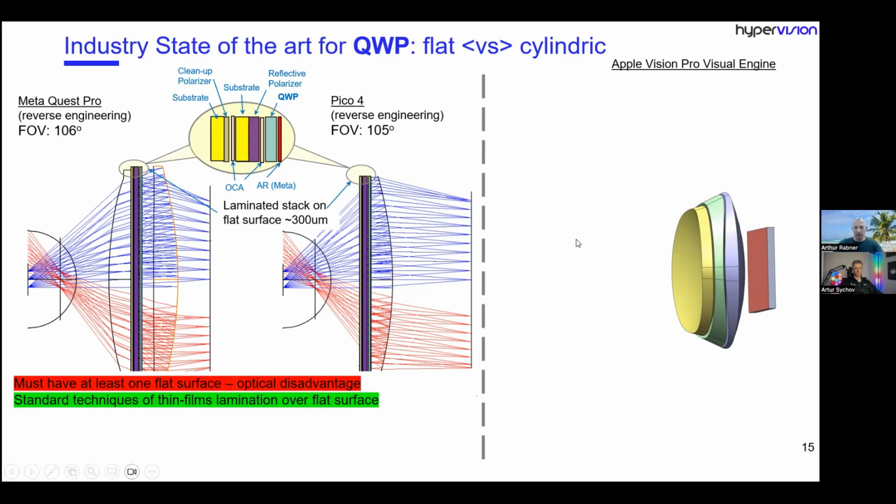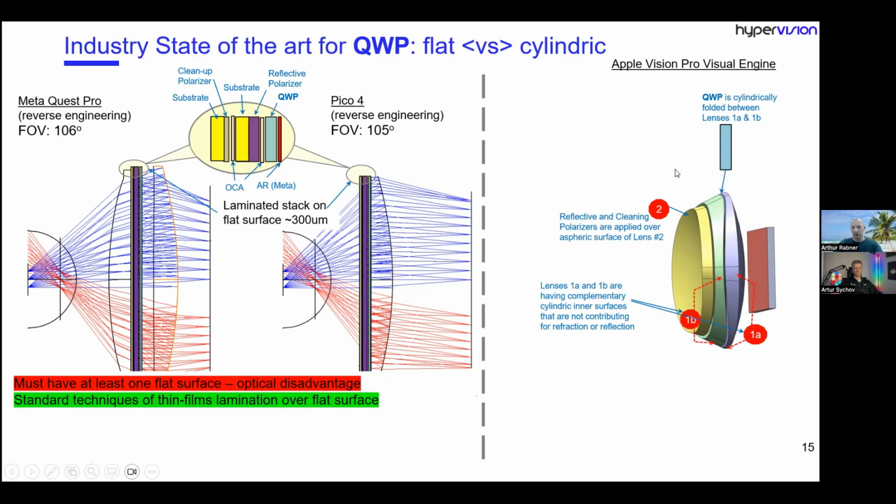In opposite to that, Apple did a big leap. As I explained before, there is a quarter wave plate embedded between 2 cylindrical surfaces, and the reflective and cleanup polarizer, maybe cleanup, I don't know, but we think that there is a cleanup polarizer, is on the aspheric surface. As you can see here, it's not an easy process, not a cheap process.